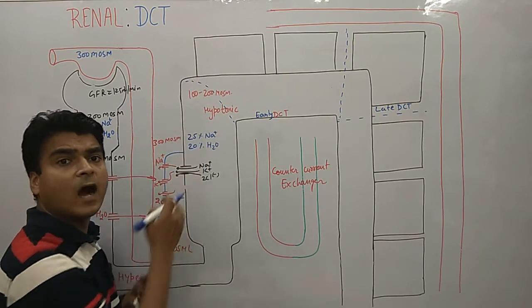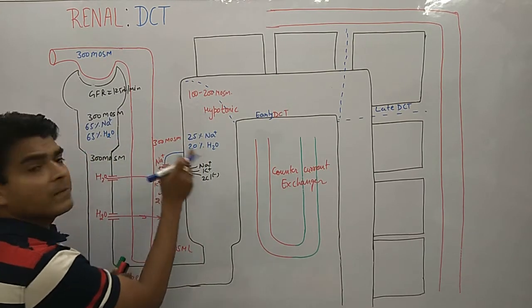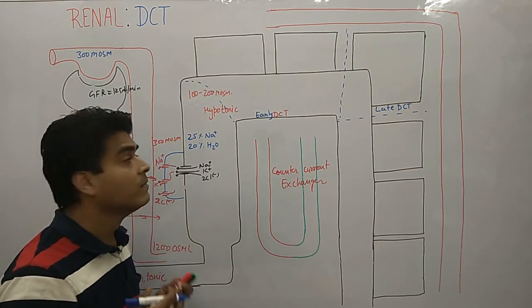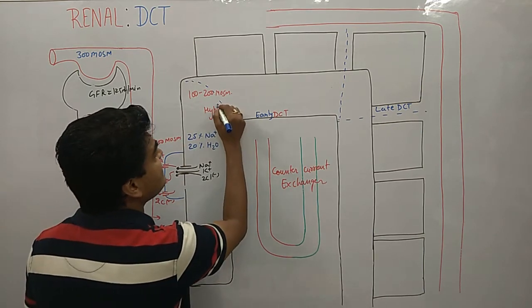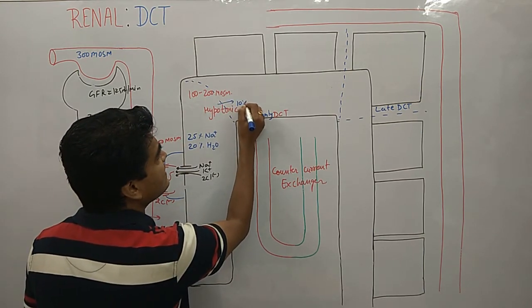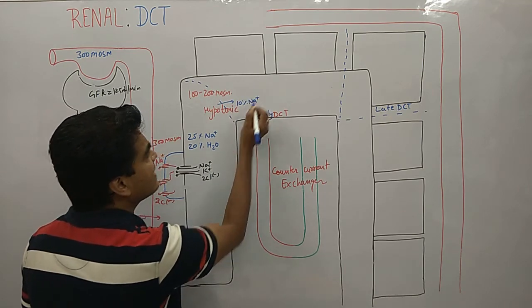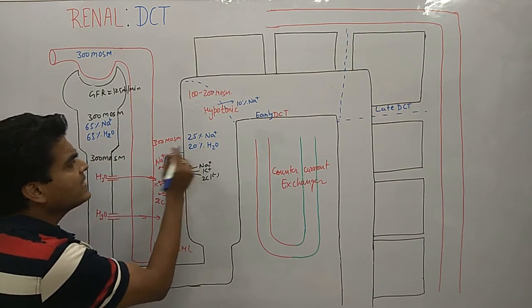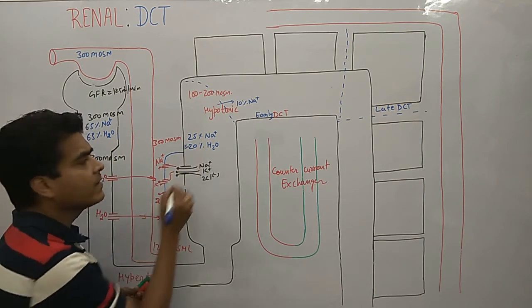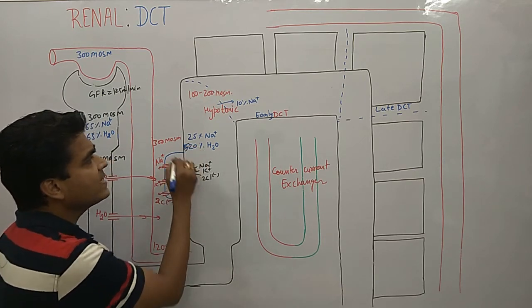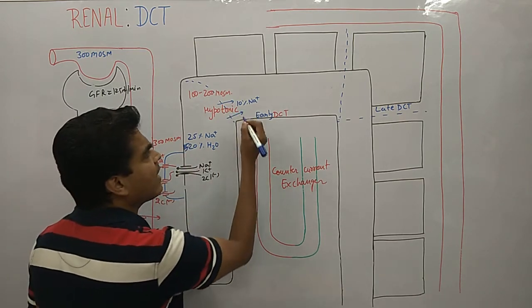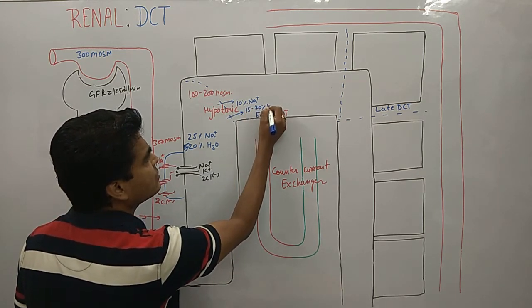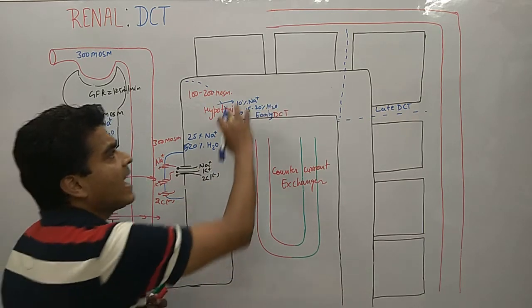Up to the loop of Henle, how much sodium have we absorbed? Adding 65 plus 25, almost 90%. So only 10% sodium reaches this direction. For water, we absorbed 65% and 20%, so almost 15 to 20% of H2O reaches here for absorption.